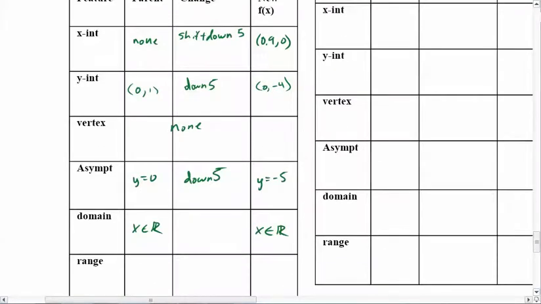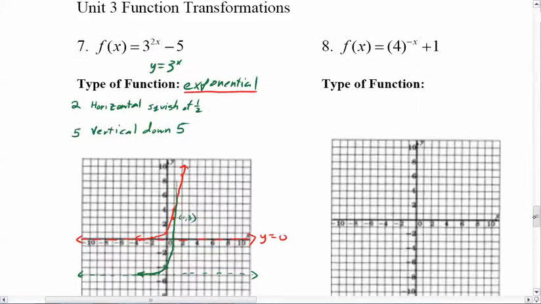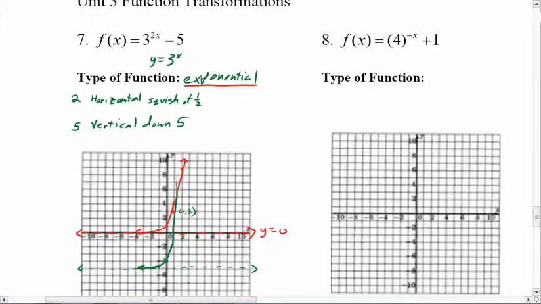So I can say that by saying that y has to be greater than 0. Now it has been shifted down 5, which means that the new range should be y is greater than negative 5. And if we go up and we look at the graph, you can see that, because it does continue to go up and up forever. But when you go down, it actually does not continue going down. It stops before it gets to negative 5. All right, so there you go.